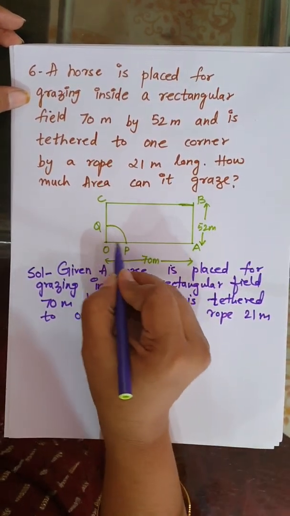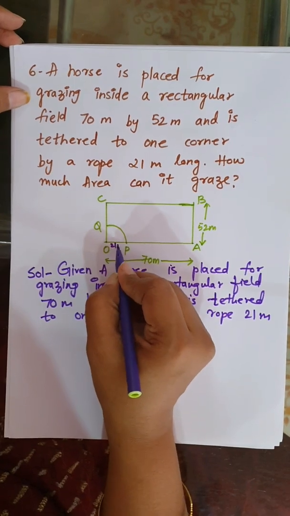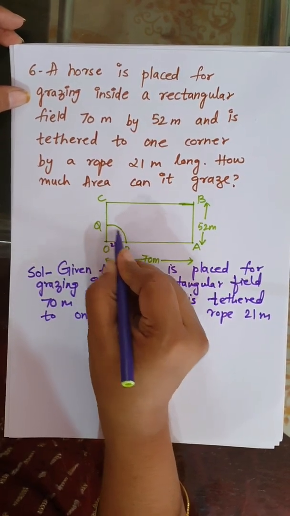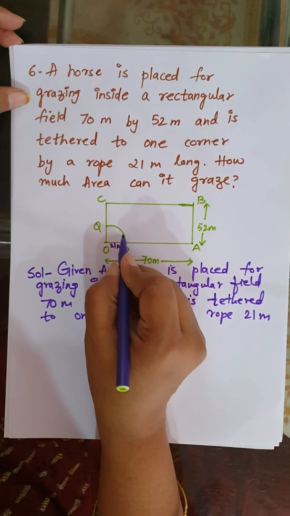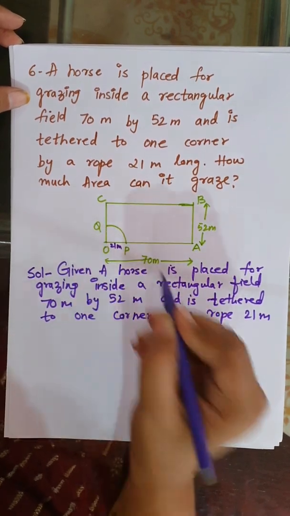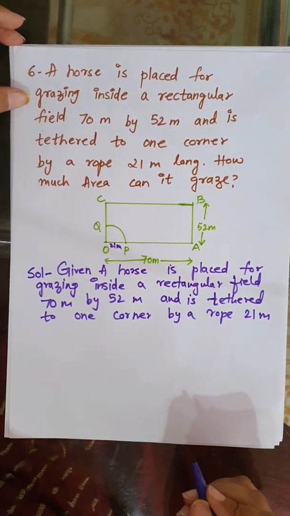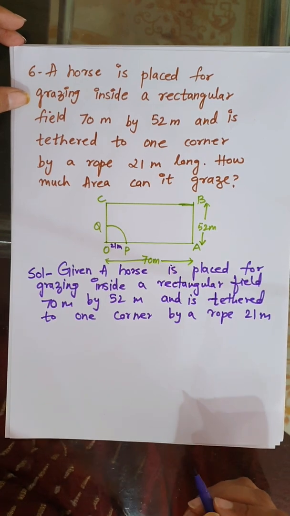So this side is 21 meter. It is tethered here, so it can move along this path. So it forms a sector, children. How much area can it graze?